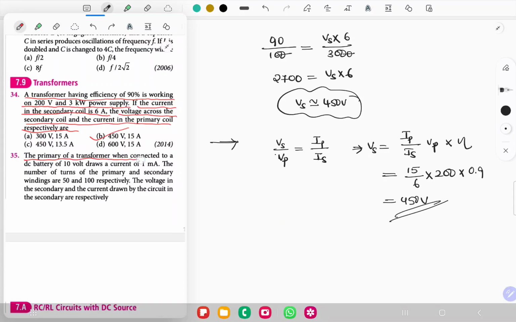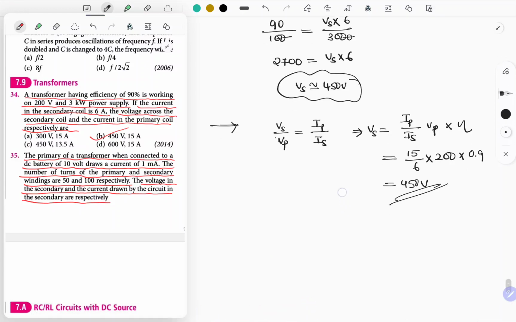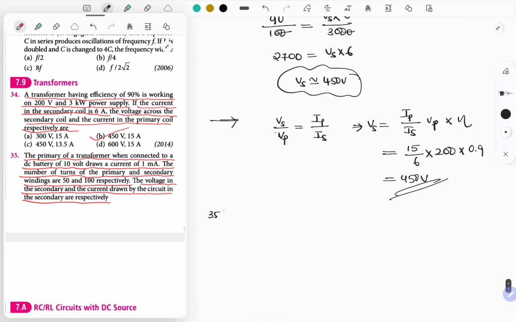The primary of a transformer is connected to a DC battery of 10 volts and draws a current of 1 milliampere. The number of turns of primary and secondary windings are 50 and 100 respectively. The voltage in the secondary and the current drawn by the circuit in the secondary are respectively. Super. Question number 35.